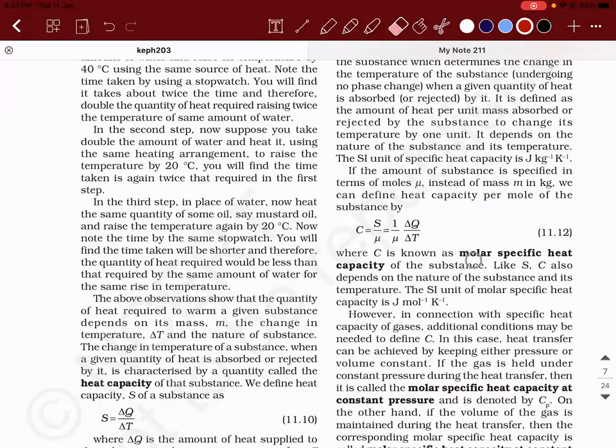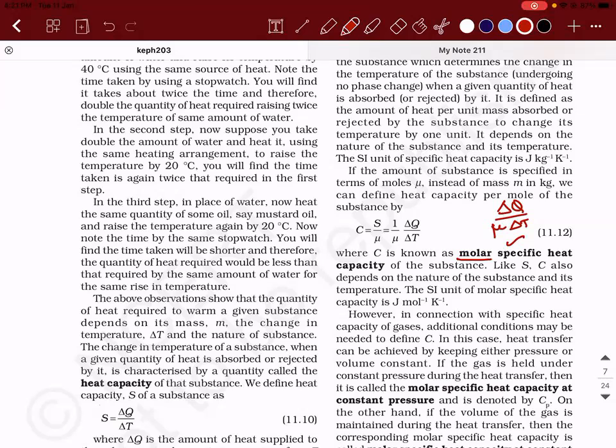Similarly, if you have to define molar heat capacity, instead of taking unit mass, you need to take unit mole of a substance. Are you able to understand? So molar specific heat means it's almost the same definition. The amount of heat required to raise the temperature of unit mole of a substance through a temperature difference of 1 unit.